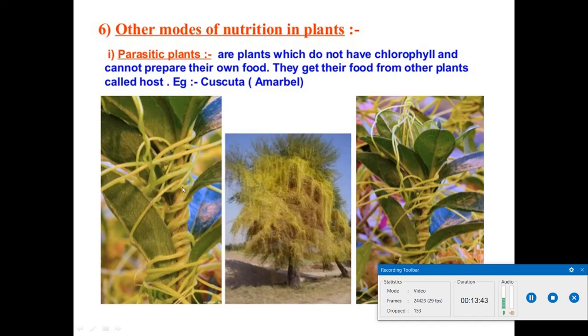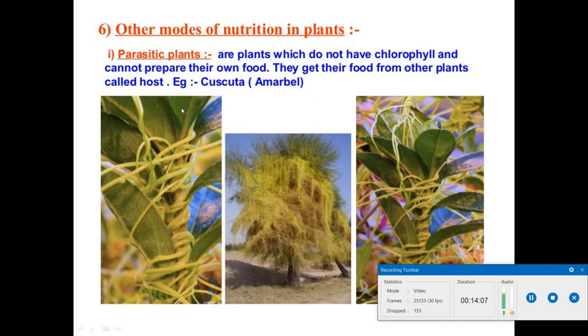Such non-green plants twine around a host plant that is green in color. Observe this picture here. This is the green plant, and the plant twined around it is a non-green plant.